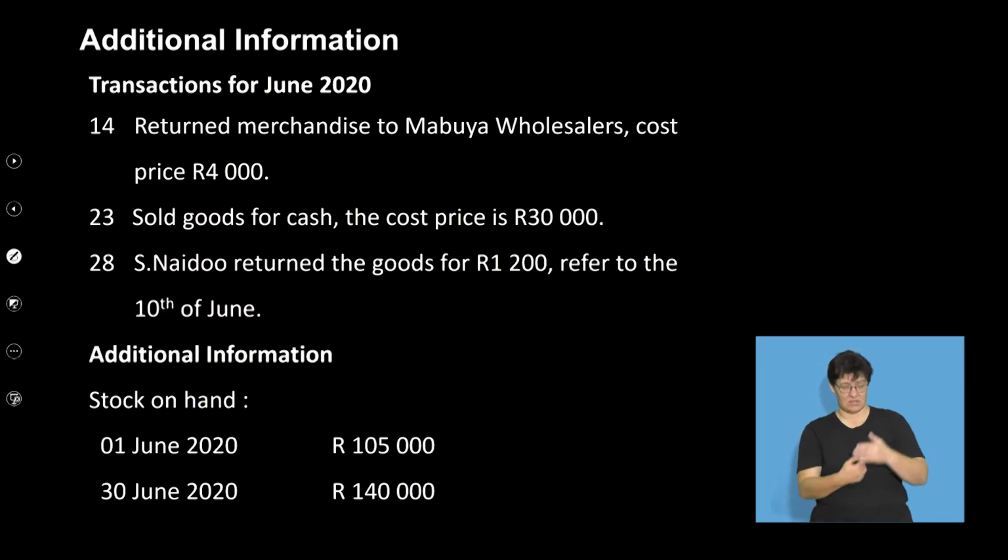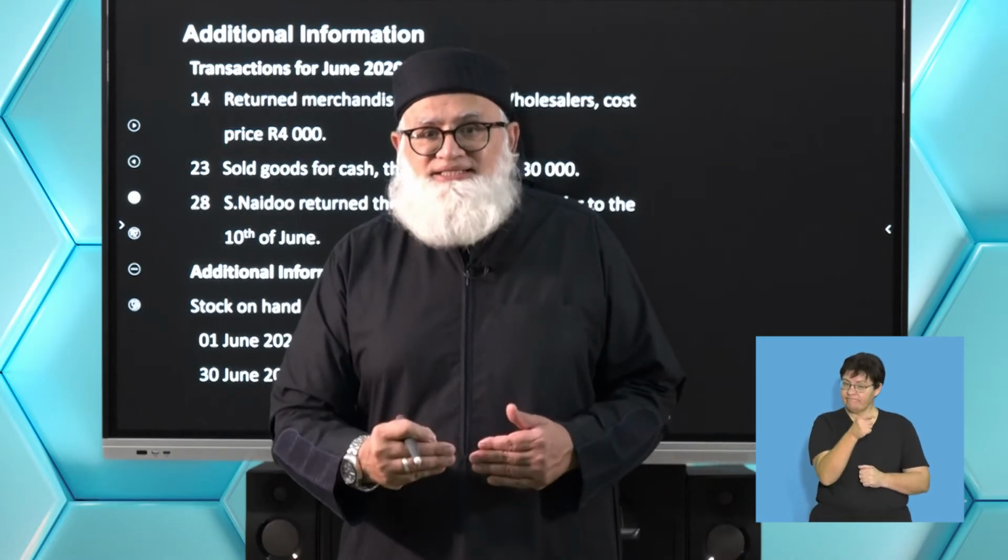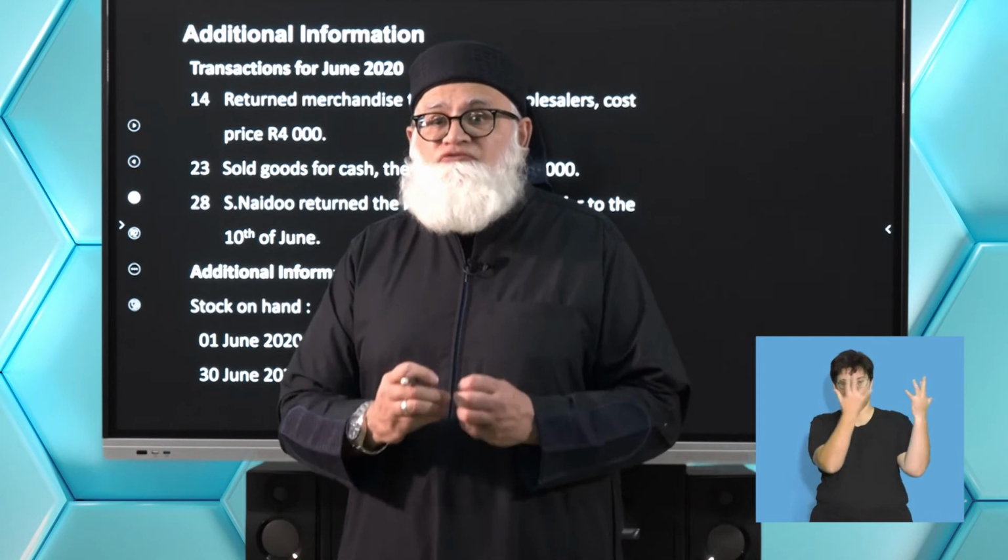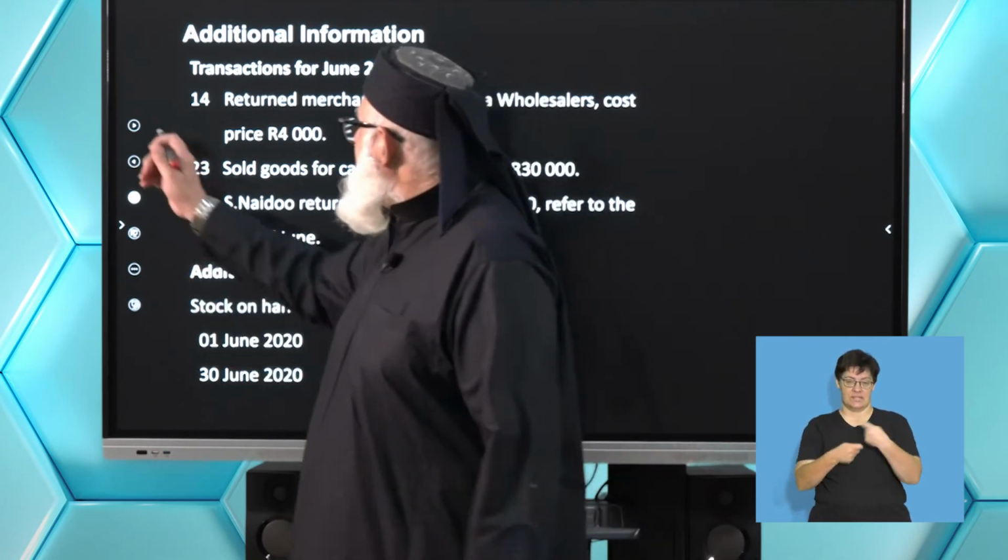You return merchandise, you sold goods for cash, and there was a return by S. Naidu as well. Then you have additional information in terms of your stock on hand at the beginning of the year and your stock on hand at the end. Okay, now, each of these transactions is going to impact on the calculation of your cost of sales.